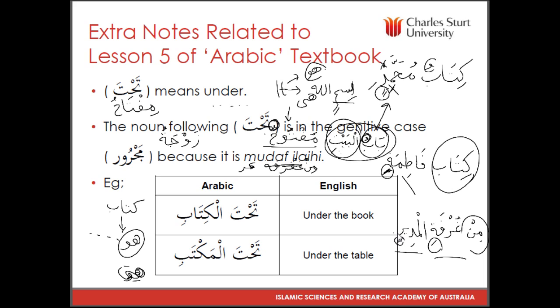So this is a demonstrative pronoun, and then we are using the noun. Four, sorry. There is a house. What should the question be? بيت من هذا. That's right. Last picture is what? سرير من هذا. That's right. It is a bed.